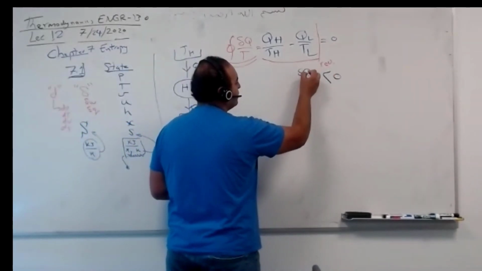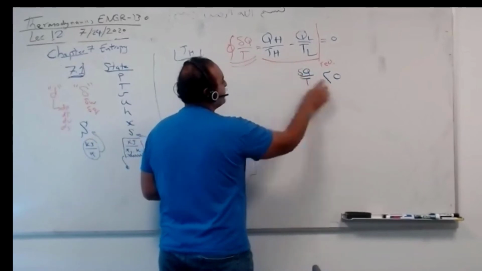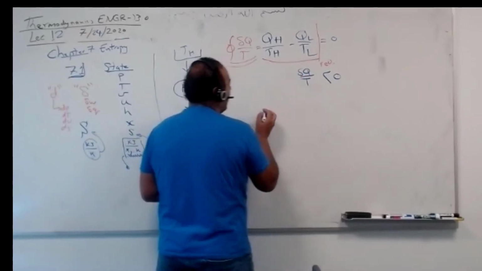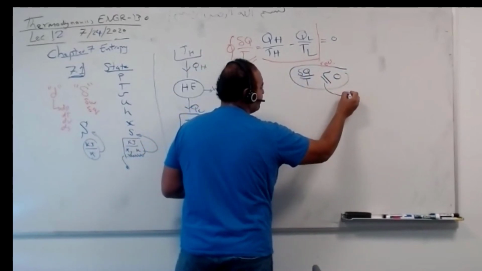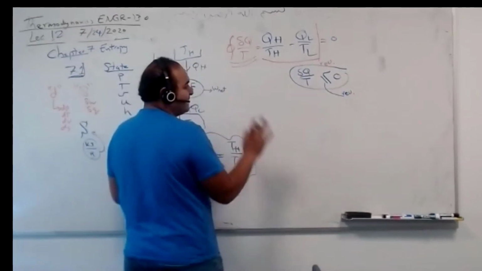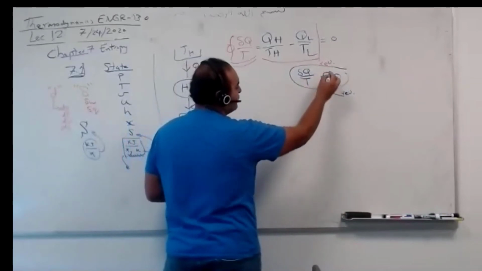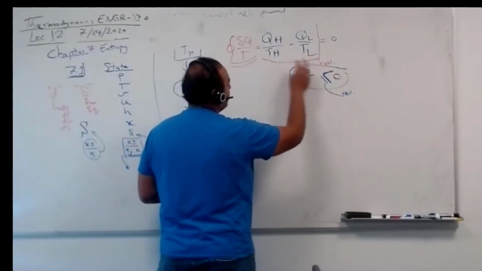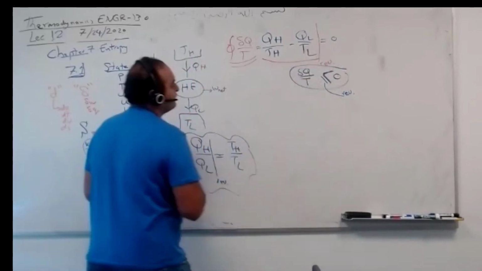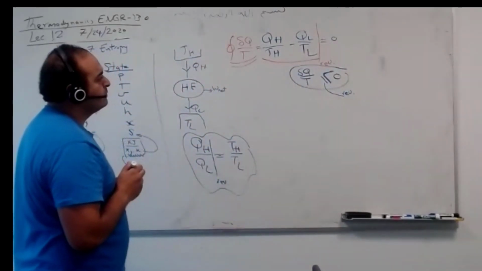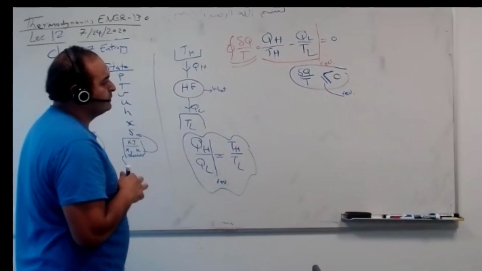So delta Q over T is lower than 0, or equal. Equal means reversible. This is the reality. If it's irreversible, it's lower. Q high over T high minus Q low over T low is lower than 0.